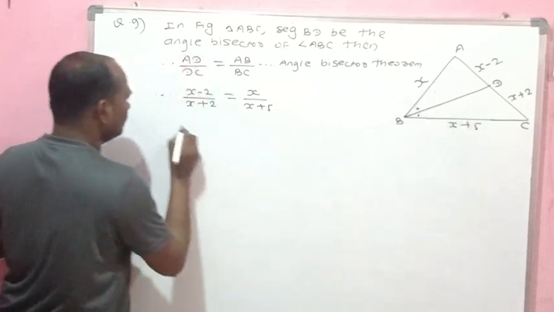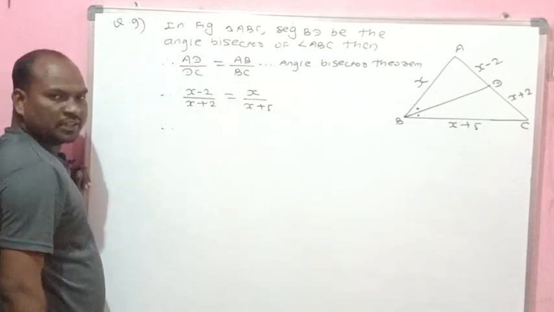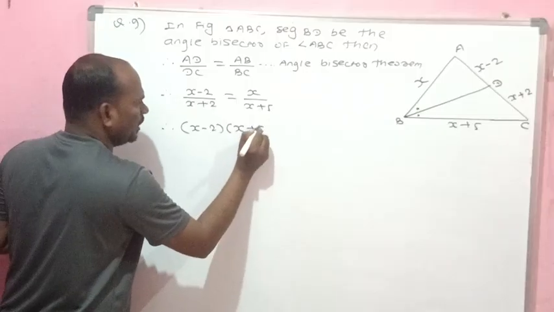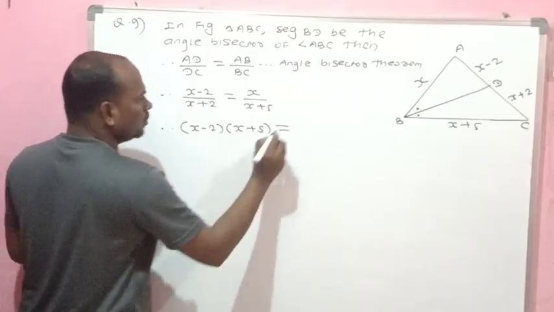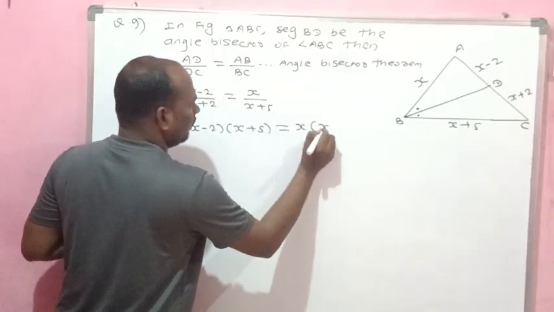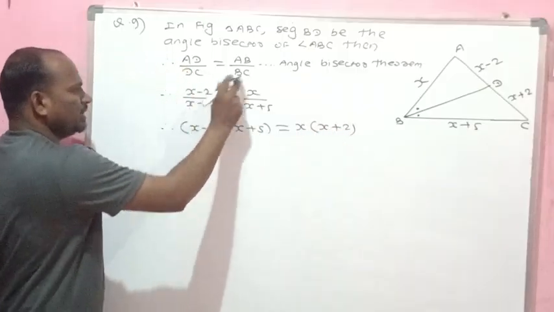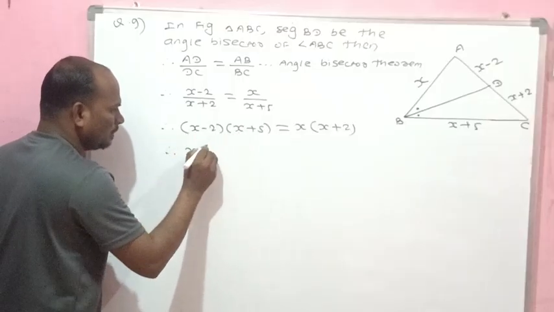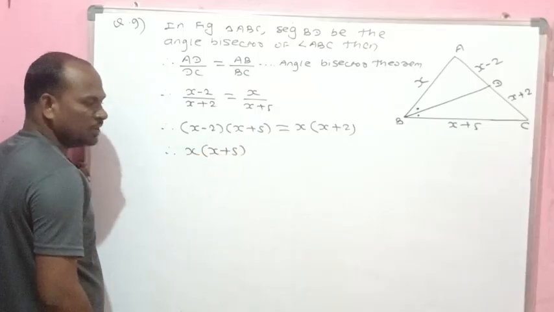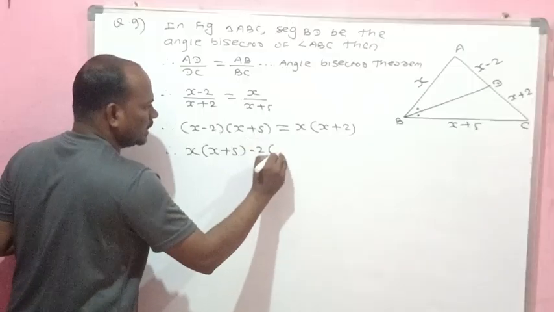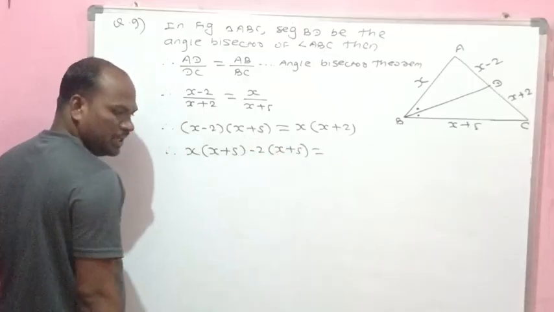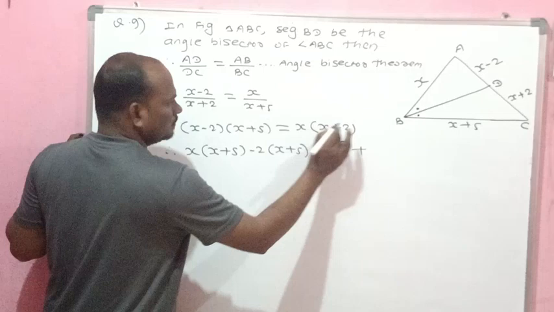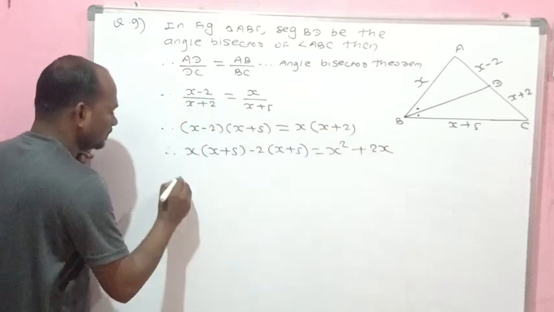Now take the cross multiplication: (x minus 2)(x plus 5) is equal to x(x plus 2). Value of x as it is, another bracket x plus 5, minus 2, another bracket x plus 5, is equal to x into x, x square, plus x into 2, 2x.